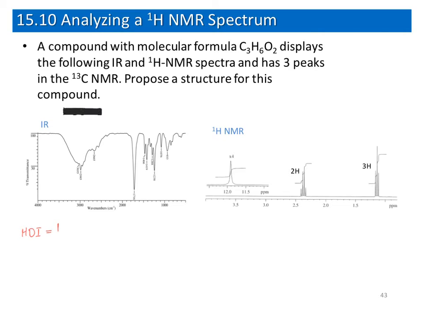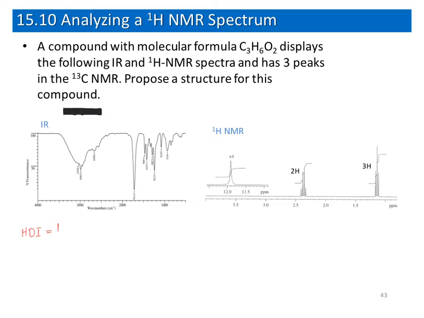If you look at the IR, we see a broad signal somewhere between 2200 to 3600, right? And we also have a signal at around 1716. So both of them together can tell us that we should have a carboxylic acid functional group in the structure.